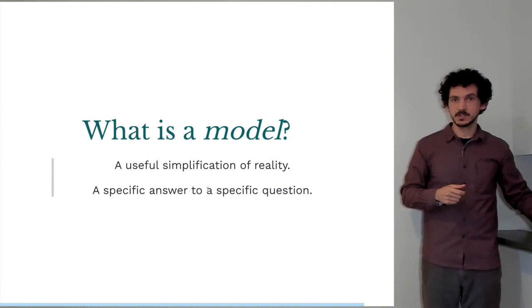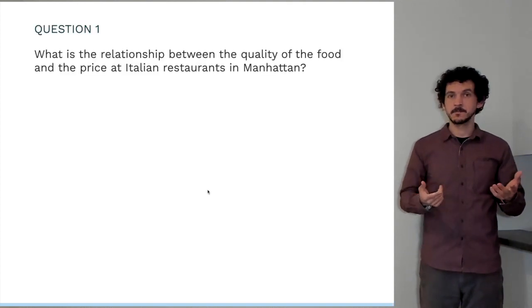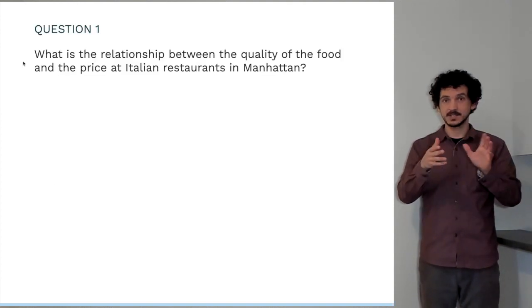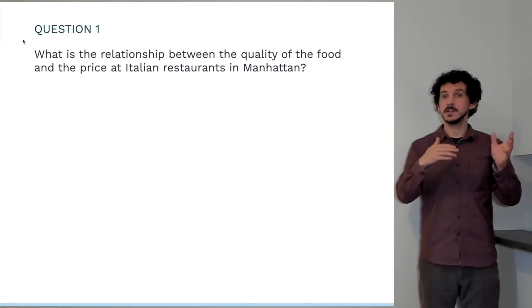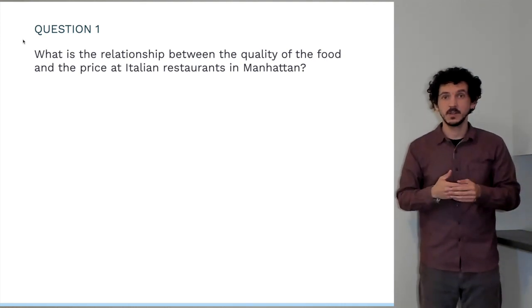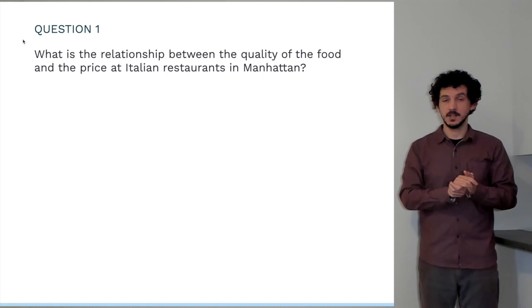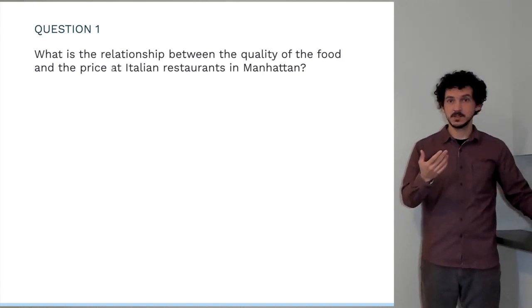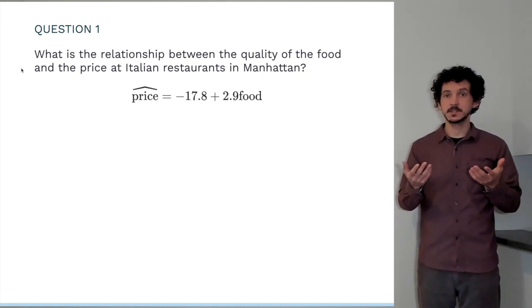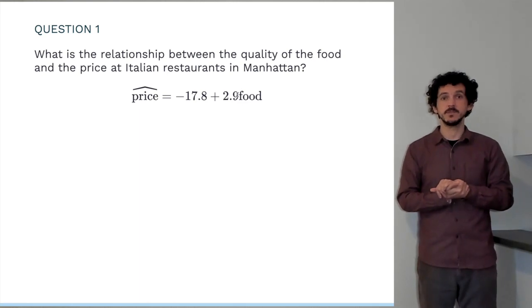Let's look at the questions that correspond to each of these models. The first question that we asked and then answered was, what is the relationship between the quality of the food and the price at Italian restaurants in Manhattan? And we answered that question with this model by looking at the coefficient in front of food.